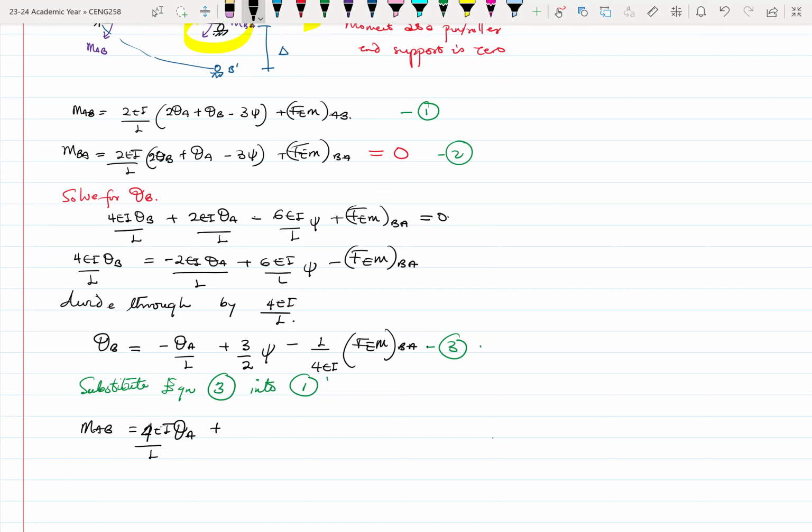So I'm just trying to expand equation 1 first. All right. So theta B will come in there. Instead of first writing theta B, let me write the psi. Okay, so let's rewrite this further. Minus 6EI psi over L. Then plus the fixed end moment AB.